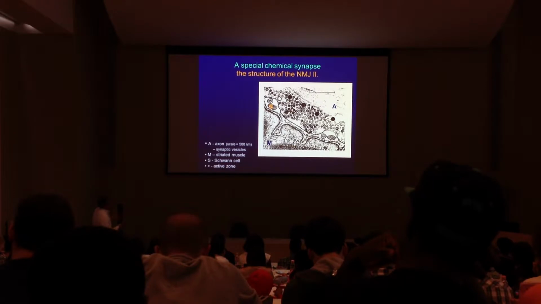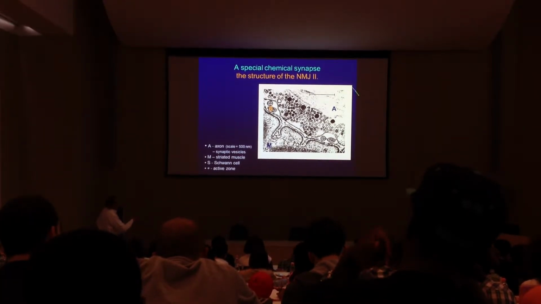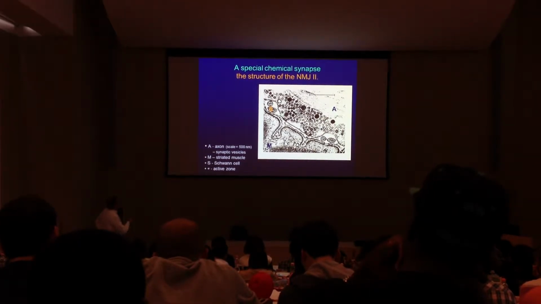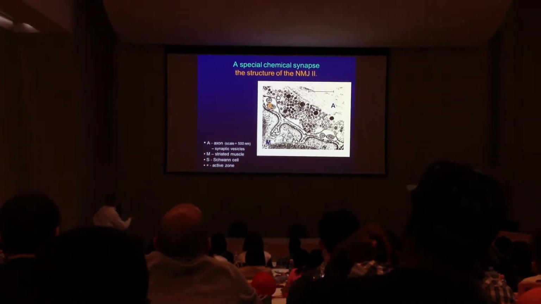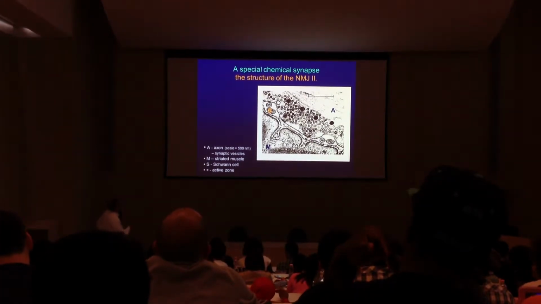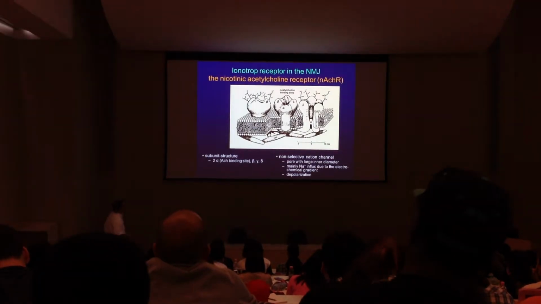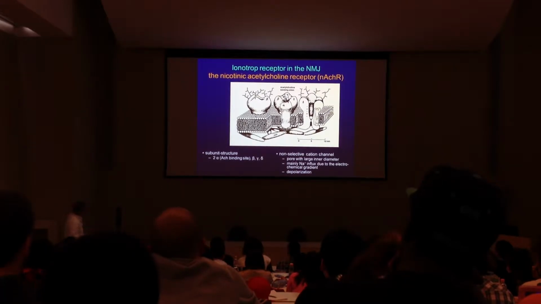Those were just drawings. This is an actual electron micrograph with the axon up here, with the muscle here, with the vesicles here, the fibrous matrix in the synaptic cleft, and the acetylcholine receptors on the muscle cell. This would be these ones over there. So a few words about this acetylcholine receptor.